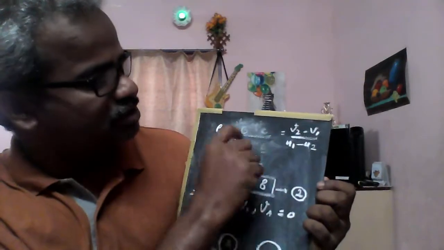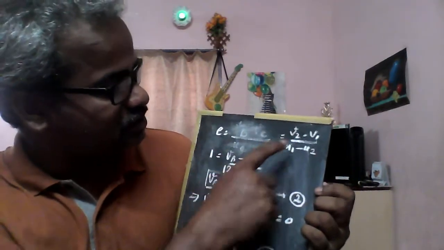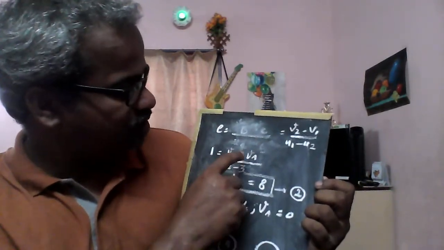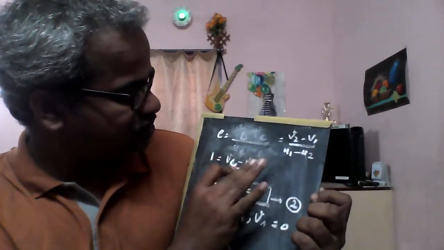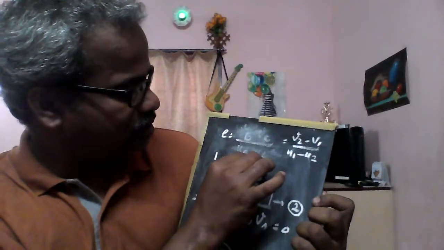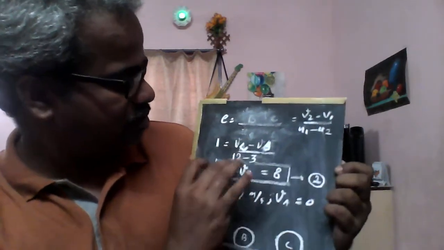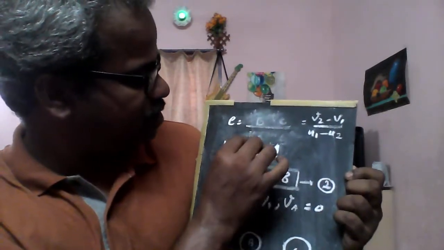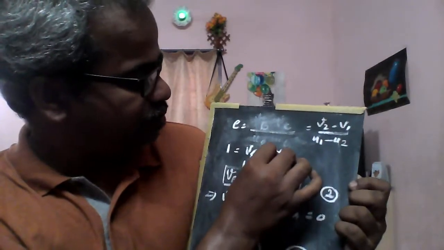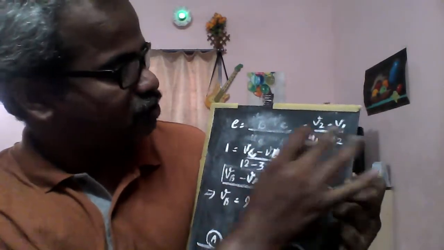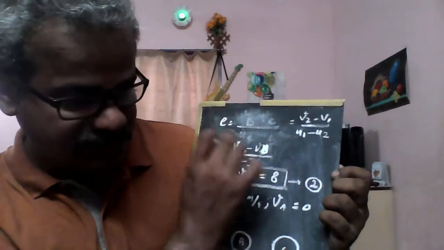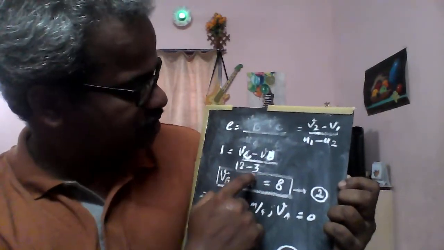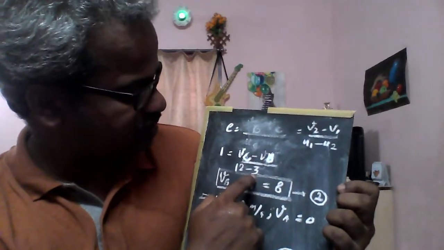So in this impact, V2 is the final velocity, that is VC, minus the final velocity VB, divided by the initial velocities, that is V2 minus V1 divided by U1 minus U2. U1 of this impact is 12 and U2 of this impact is 3.